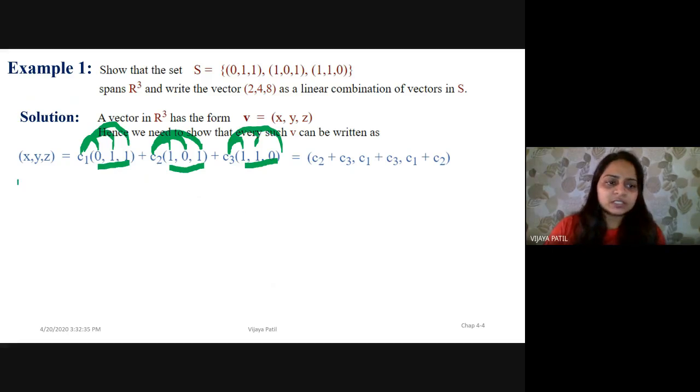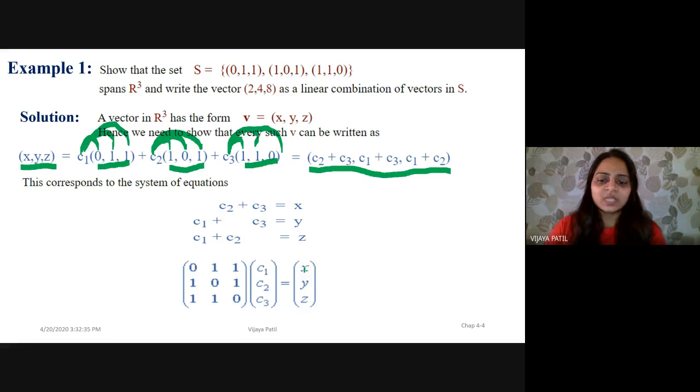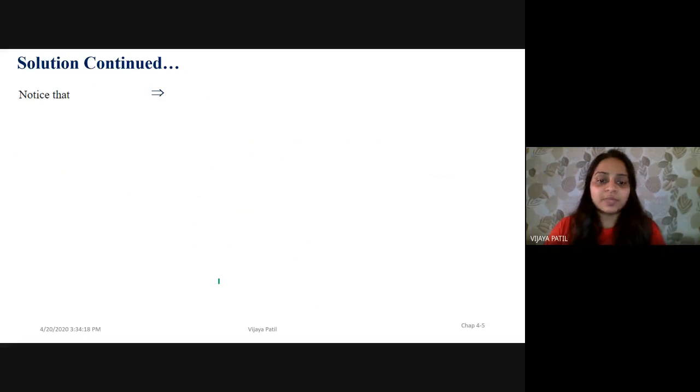Now, as we are equating these two vectors, (X, Y, Z) and this vector, their corresponding elements are equal, and we get the equations: C2 plus C3 is X, C1 plus C3 is Y, and C1 plus C2 is Z. If we transfer these equations into matrix form, we get Ax equals (X, Y, Z), that means Ax equals B.